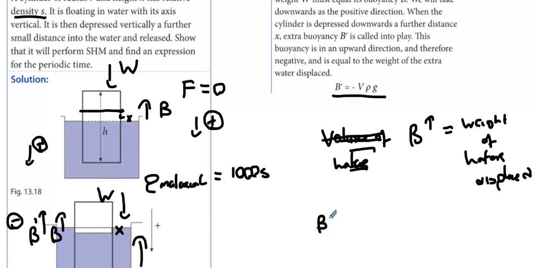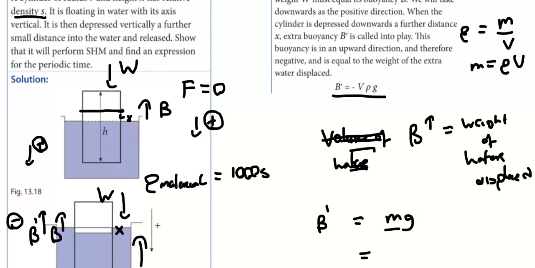It's going to be your mass times gravity. But how do you calculate mass? Density equals mass over volume, and density has the symbol rho in this question. So therefore m equals rho V, so this is going to be rho, V, the volume of the water displaced, and g.